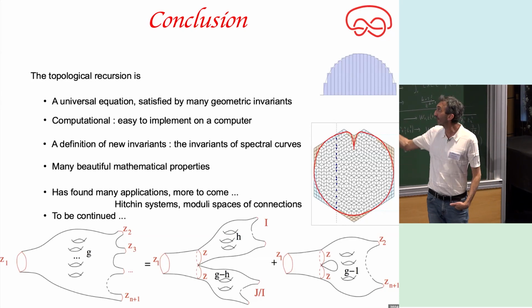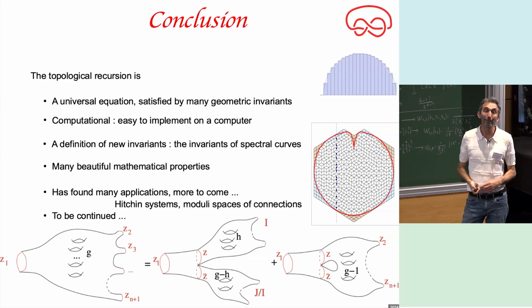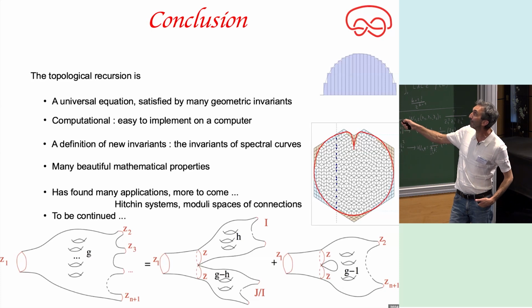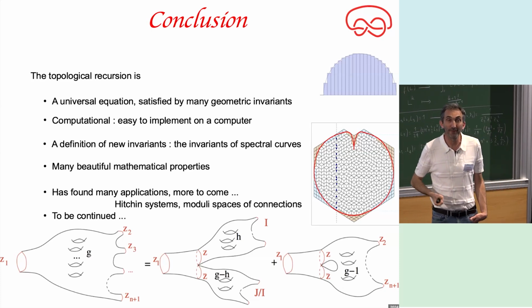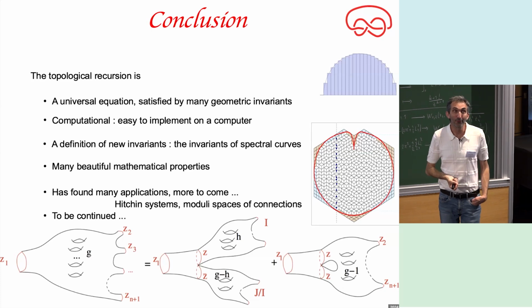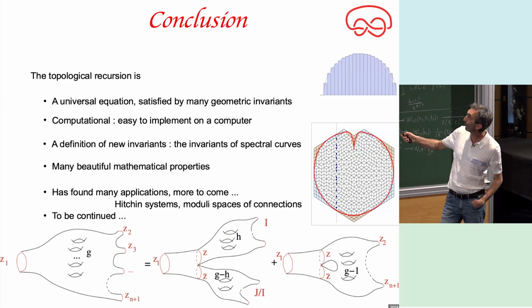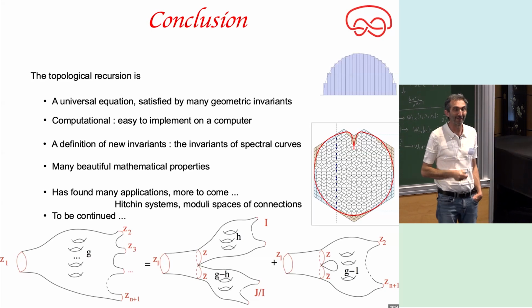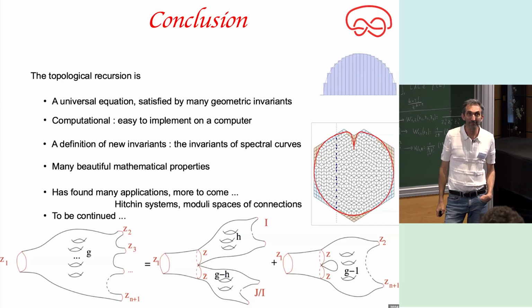And when you are in the large size limit, you can do an asymptotic expansion, and it obeys topological recursion. The spectral curve is the limit shape, this cardioid or whatever. It's the Okounkov, okay, it's the lowest degree curve that is tangent to all boundaries or something like that.